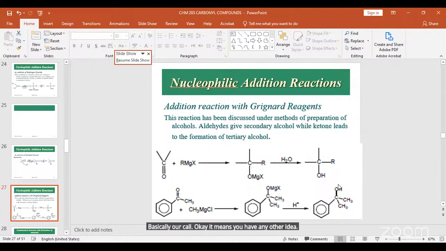When you have a tertiary alcohol, then you are probably coming from a ketone.